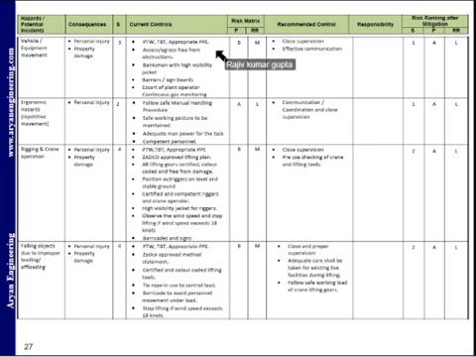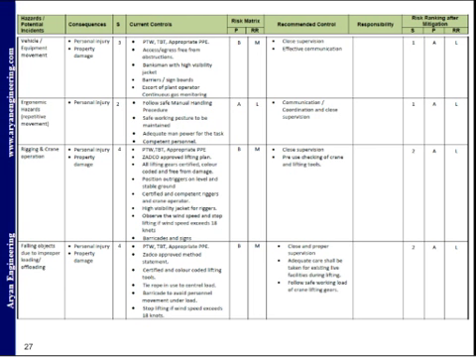And based on our current controls, like for vehicle equipment movement, where we are saying personal injuries and property damage, we have already taken some current controls, that is PTW, appropriate PPE, access, egress, free from obstructions. So these are what we have written as the current controls.